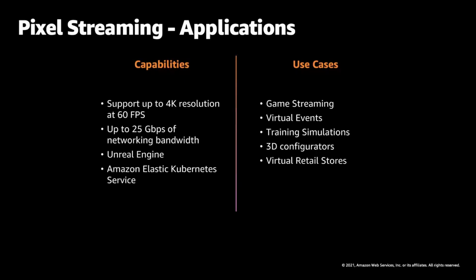In addition, we support rendering engines like Unreal Engine to render your 3D content for your end user. And lastly, we support services like Amazon Elastic Kubernetes Service, also known as EKS, which allows you to deploy your servers at scale for these streaming use cases.